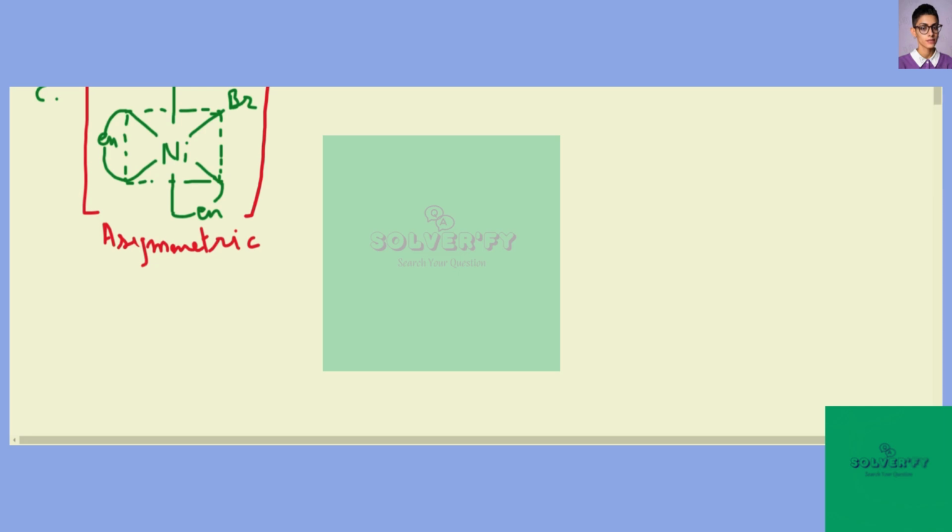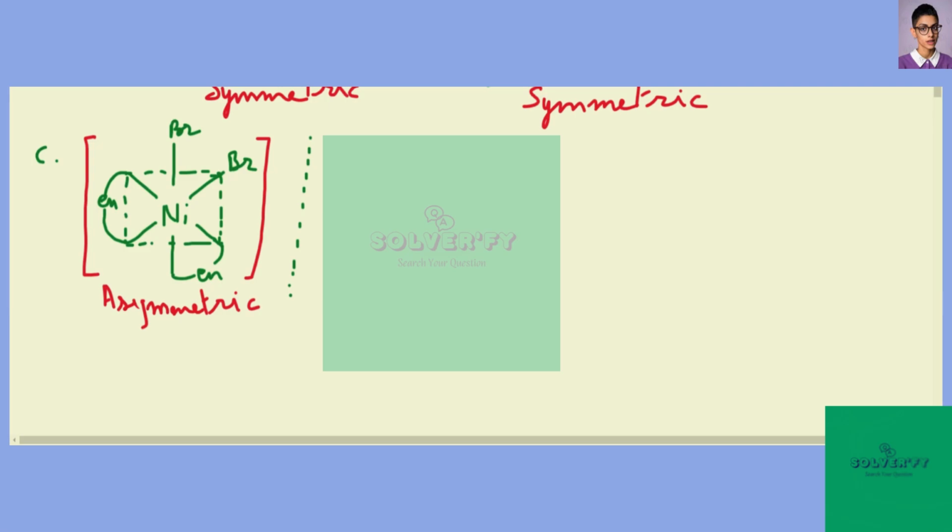When a molecule is optically active, it can rotate the plane of polarized light. So we can make the mirror image of this molecule also here, and in the mirror image we can see what will be the geometry.